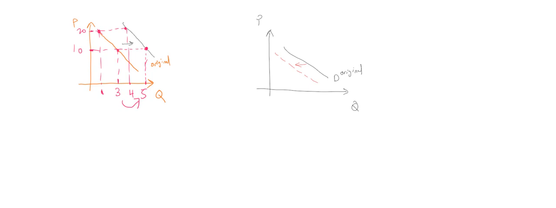So any external factor that causes a decrease, so this is a decrease in demand due to an external factor, and this was the increase in demand due to an external factor.